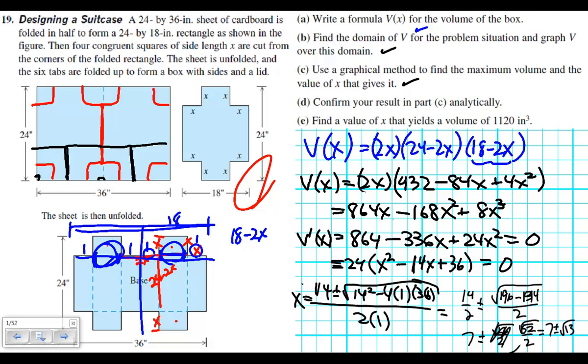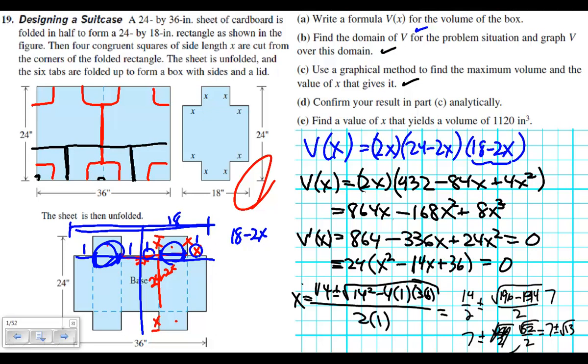Correct. Now, the square root of 13 is between 3 and 4, right? So 7 plus a number between 3 and 4 is between 10 and 11. But that isn't in the domain of this problem.